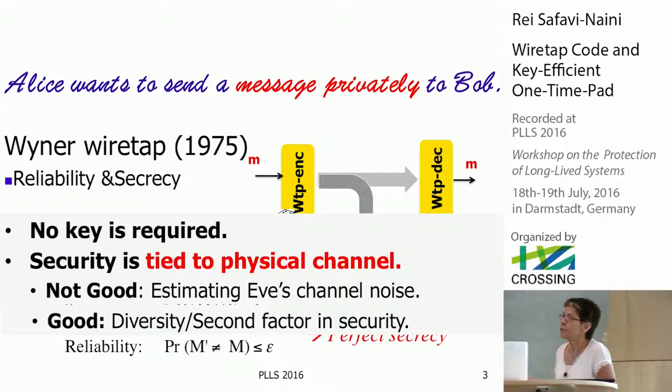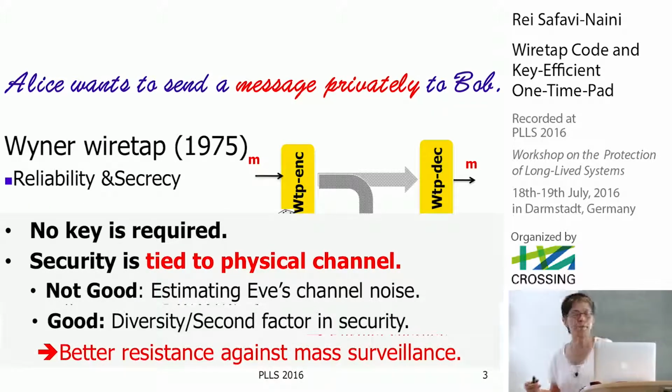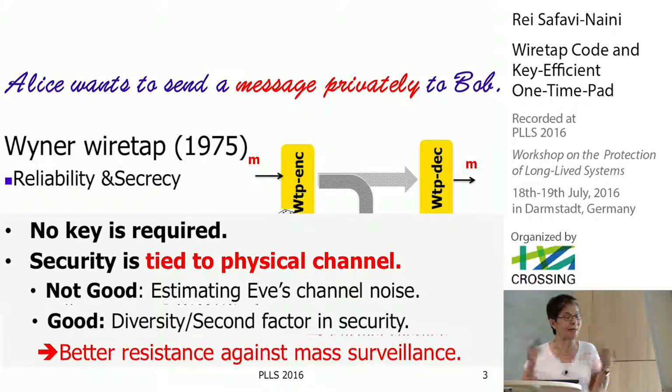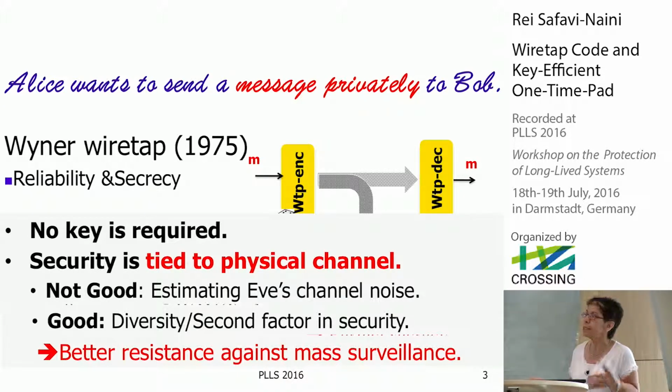And you can see that this is one of the nicest things that we can have. One of the biggest things talked about today is mass surveillance, and this actually contributes to better resistance against mass surveillance, because now your adversary should be physically present in all the environments. And this is a very nice property to have.